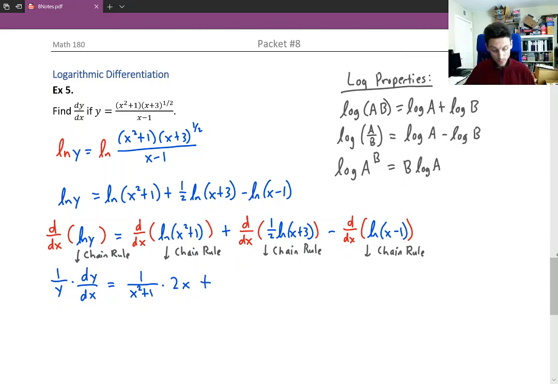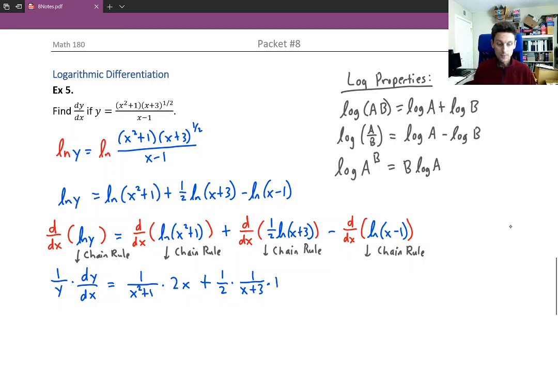So the derivative of 1/2 ln of x plus 3. I'm going to write the 1/2 there. We know that that's not going anywhere. That comes out of the derivative by the constant multiple rule. So those constant coefficients always just hang around after the derivative. So now we focus on the derivative of ln of x plus 3, which is going to be 1 over the inside times the derivative of the inside, which is 1.